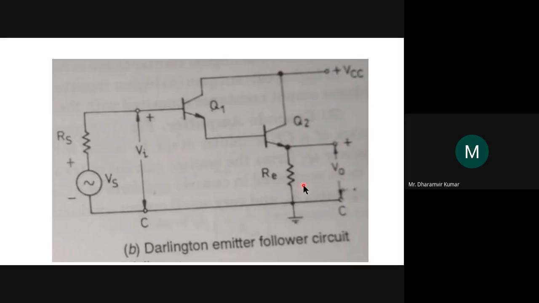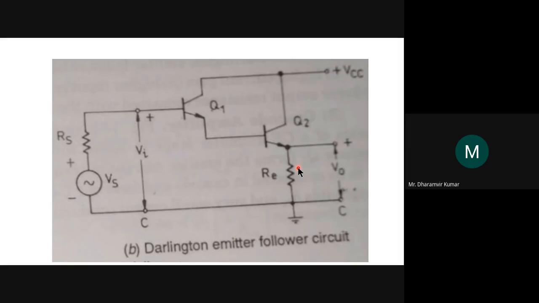And one very important point regarding Re, because this Re has a very special role here in the circuit. Whenever we insert a resistor in the emitter branch, it stabilizes the circuit. It makes the circuit more stable.